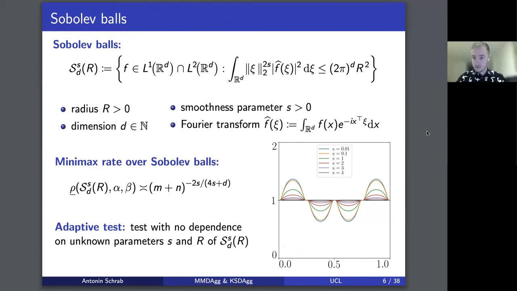And we can see that as we increase the smoothness parameter, essentially the curve becomes smoother. So for very small s, we have large perturbations, but for large s, we have very, very small perturbations. And this is the same case here with 3 perturbations and with 4. And by perturbation, I mean that it goes one up and one down. So these are some functions that belong to the Sobolev ball.